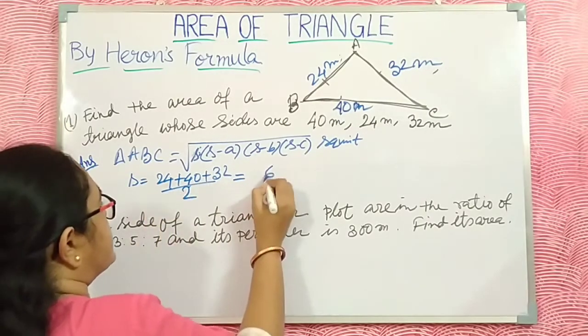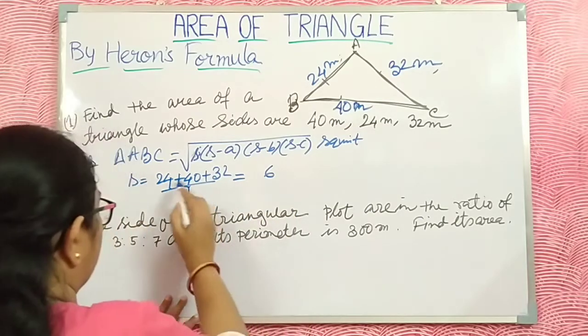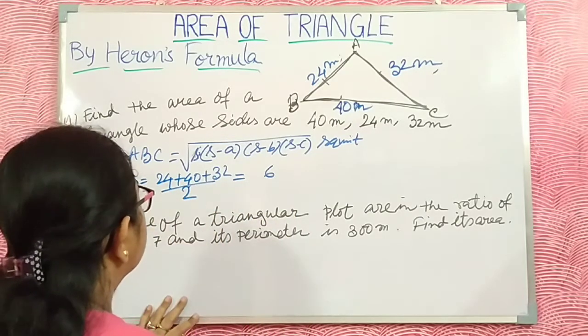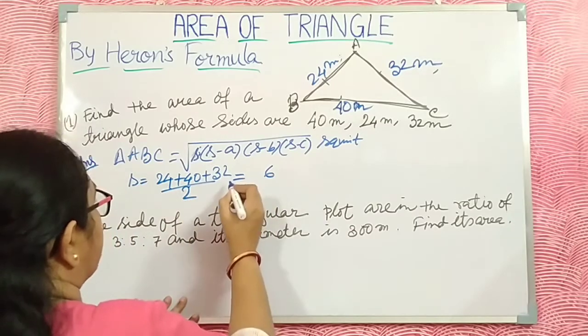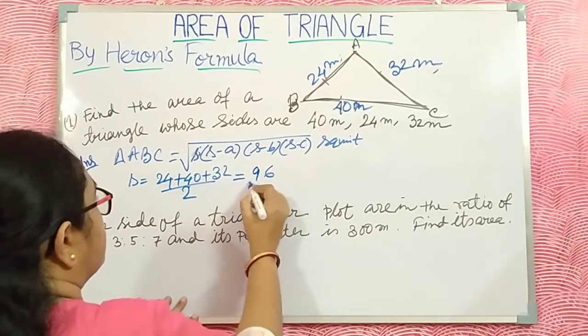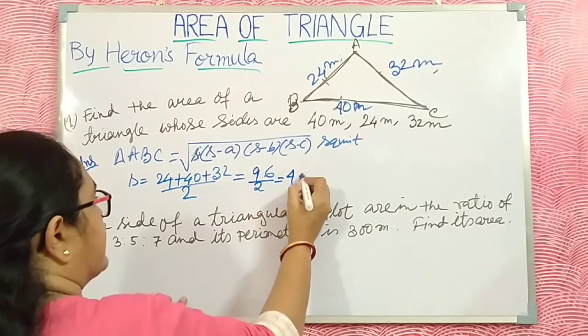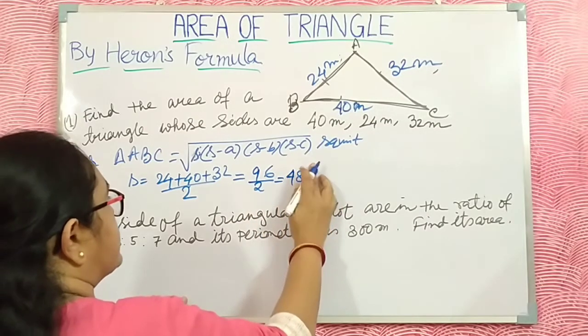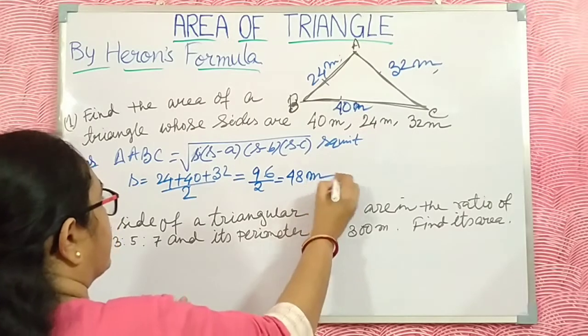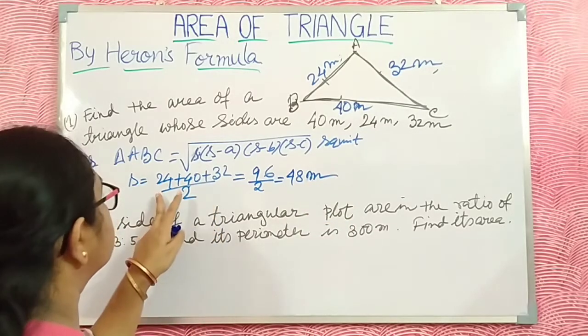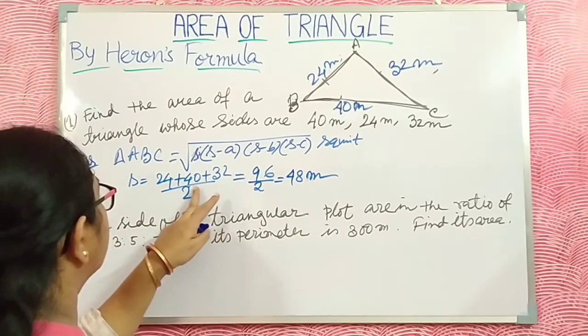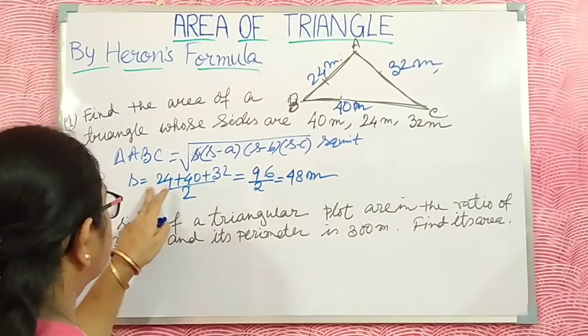Do the addition: 4 plus 2 is 6, plus 3 is 9, so 96 by 2, which is 48 meter.